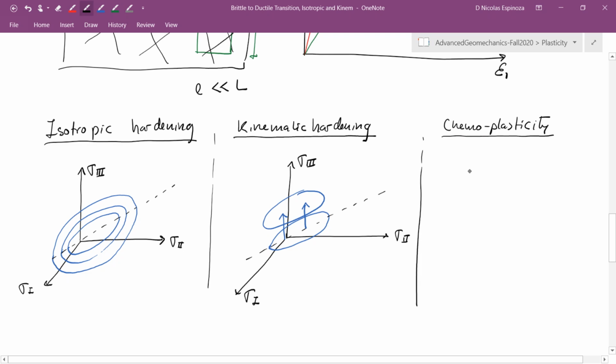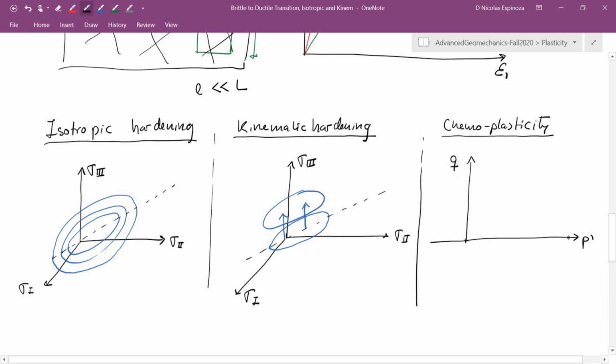Sometimes also changes in the chemical potential in the fluids, in the rocks, could cause, for example, dissolution of some of the minerals within the rock. And that, of course, is an irreversible process, and it's going to cause a change of the yield surface.